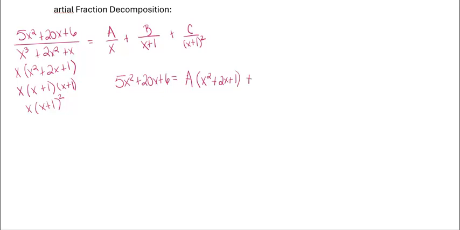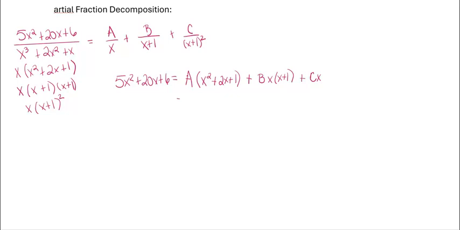My B term, I'm missing an x and 1 of the x plus 1s. So I'm going to multiply B times x plus 1, and I'll distribute that in a minute. And then my C term, I've got the x plus 1 squared, but I'm missing the x, so I'm just going to write Cx right here.